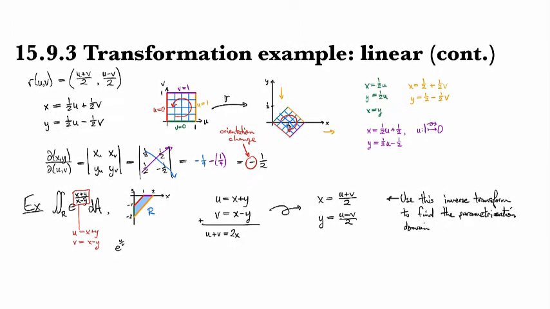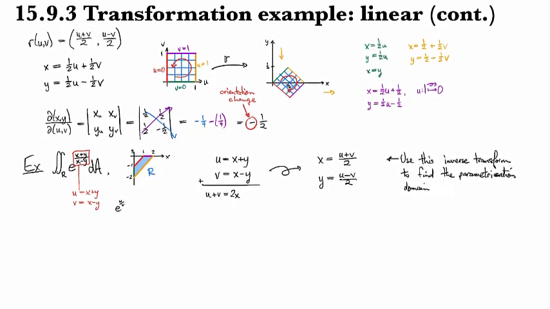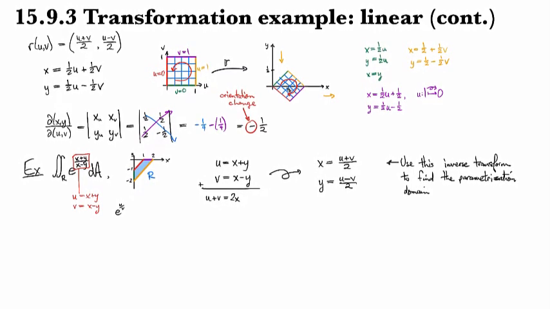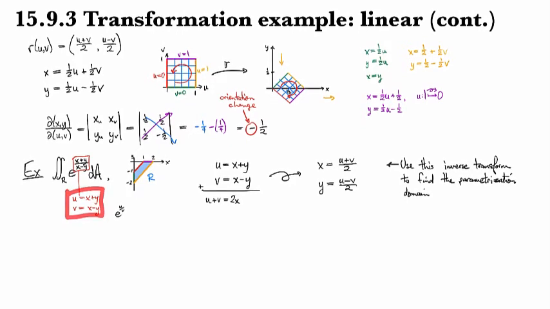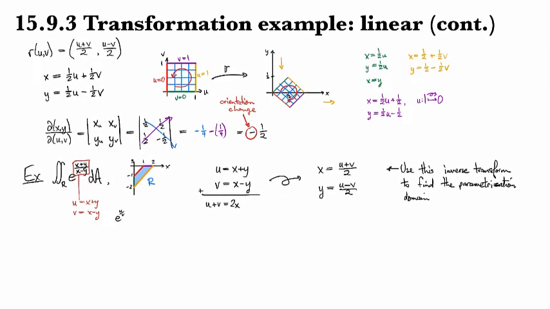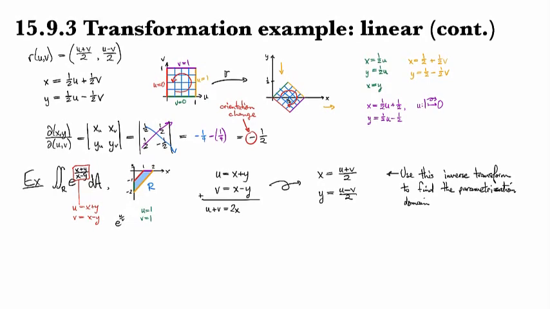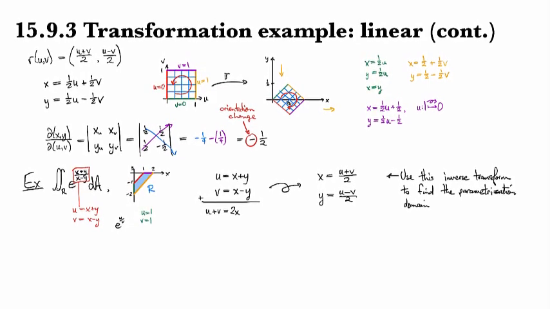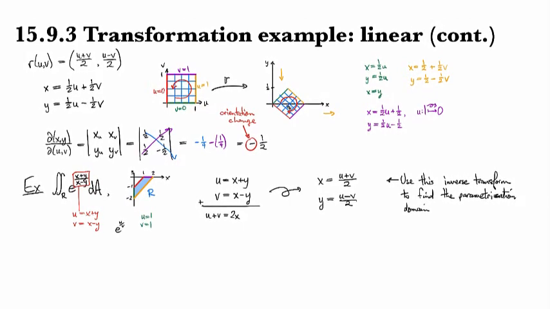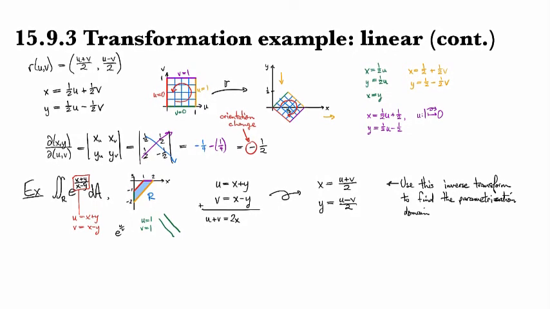Okay, so let's see. The other thing, and I should have mentioned this before, is that if we take these as our coordinates, then take a look at what it looks like if you have u equals 1 or v equals 1, like the coordinate curves for these particular coordinates. So x plus y equals 1, well, that looks like a diagonal line like this. x plus y equals 0, x plus y equals minus 1.